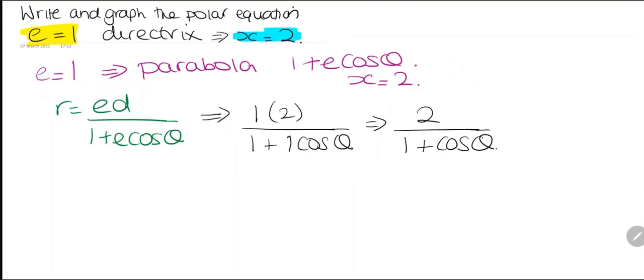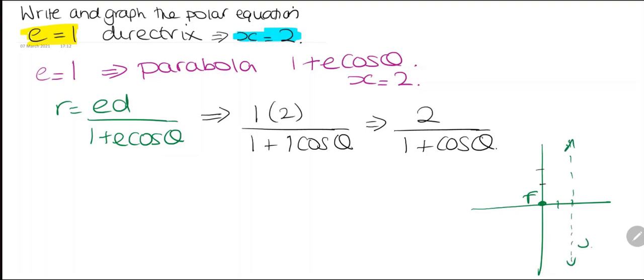Now if we were to graph this, we have the focus, and what else do we know? It is going to be x is equal to 2, so the directrix is going to be x is equal to 2.